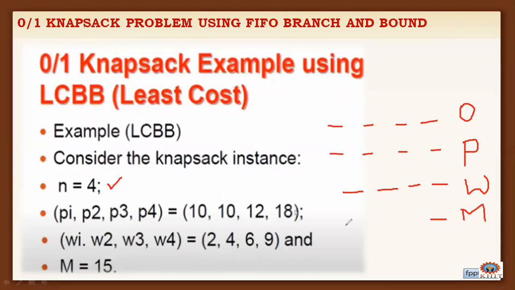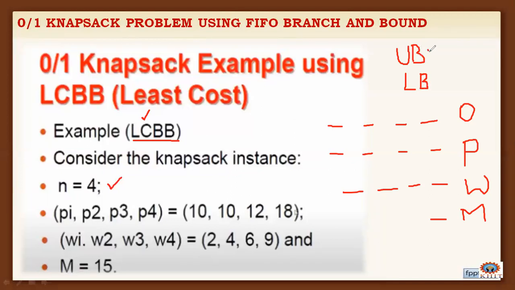You need to solve the given problem by using LC branch and bound, which stands for least cost branch and bound. When we apply the least cost branch and bound technique to the given problem, we need to convert the maximization problem into a minimization problem by changing the sign of Pi xi while calculating the upper bound and lower bound values.